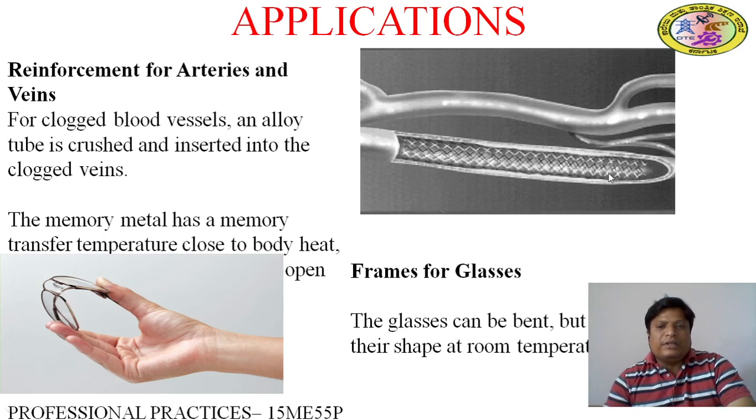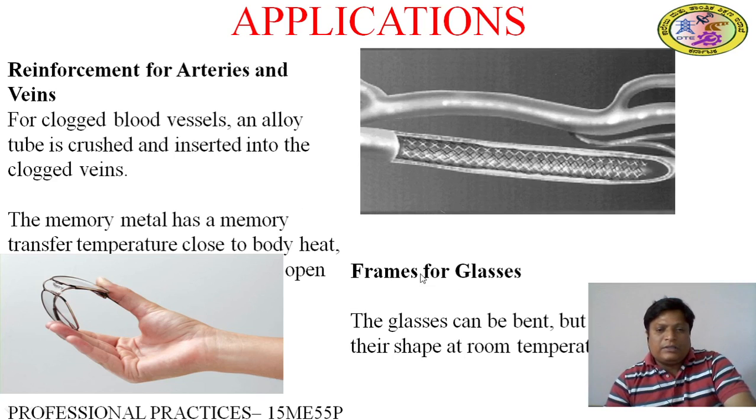We can observe the veins becoming blocked, and then the reinforcement is inserted into the arteries. The memory metal has a transformation temperature close to body heat, so at the temperature of the body, the material regains its shape.